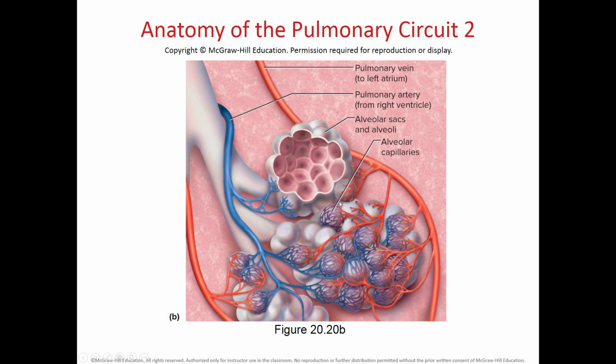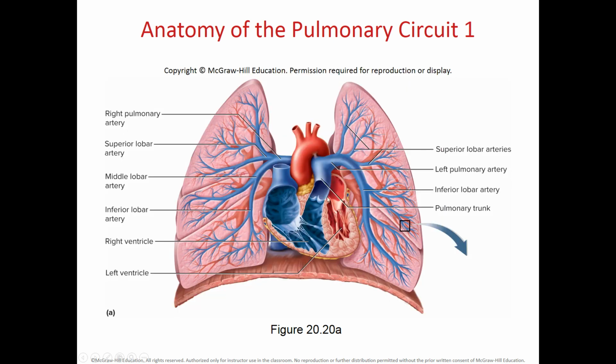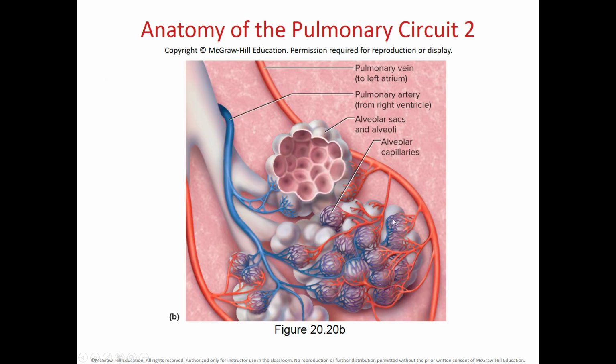And this is how the capillary beds look in the deep part of the lung. If you magnify this part in here, you can see these chambers that are known as the alveoli. These are filled with air, and they form sacs like these ones. This is an opening of the alveoli, or alveolar sacs.